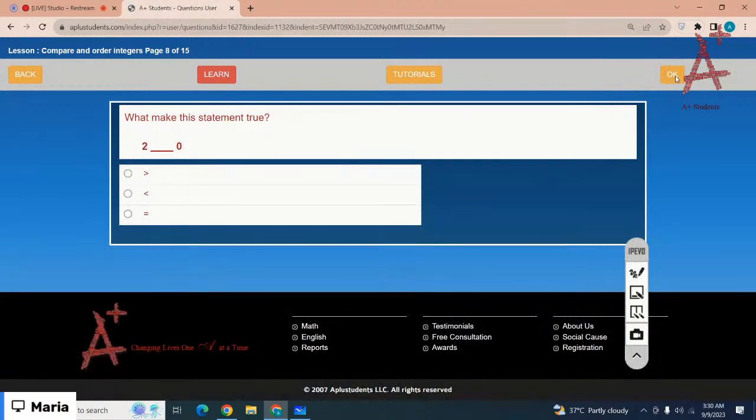What makes the statement true? 2, and you have to compare it to 0. Yes, 2 is greater than 0.